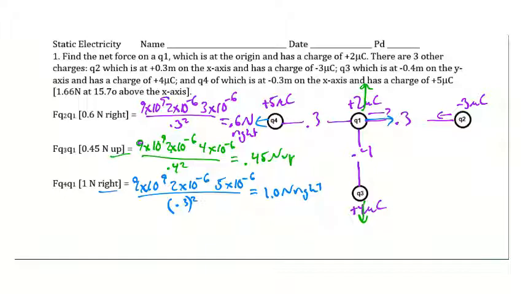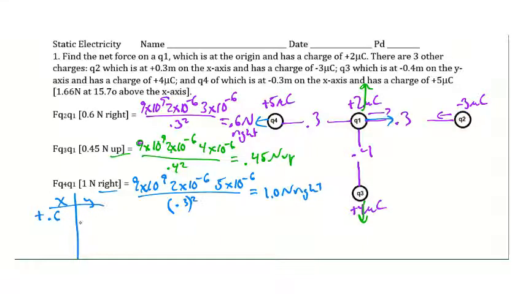So now we have to add it and figure out what our net force is. We'll just do an XY chart like we did in the beginning of the year with vectors. All our x's, all our y's. So the first was 0.6 newtons right. Right, of course, is x-axis, and right is positive. So right plus 0.6. The next was 0.45 newtons up.